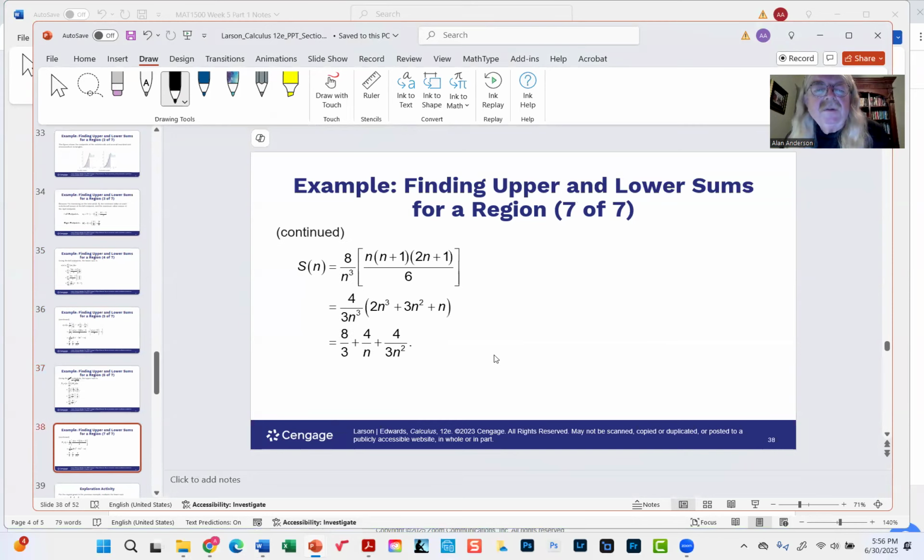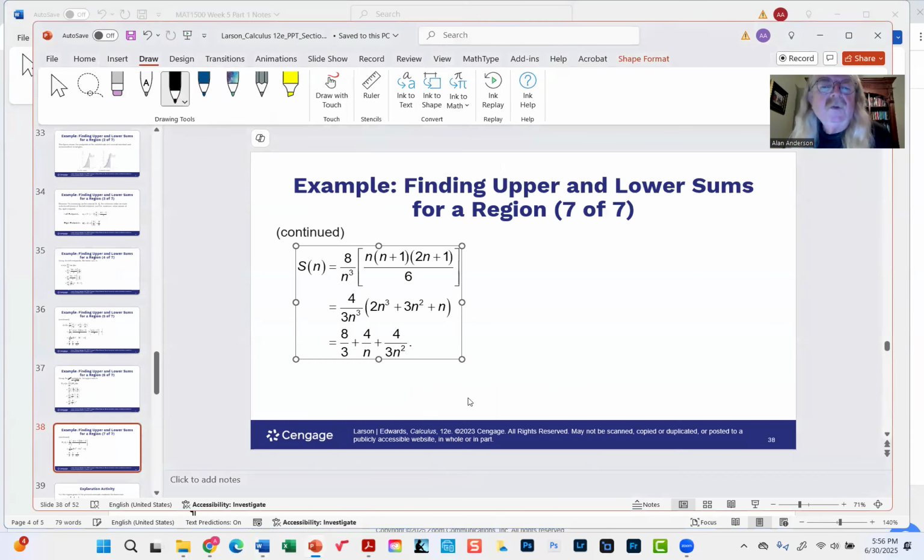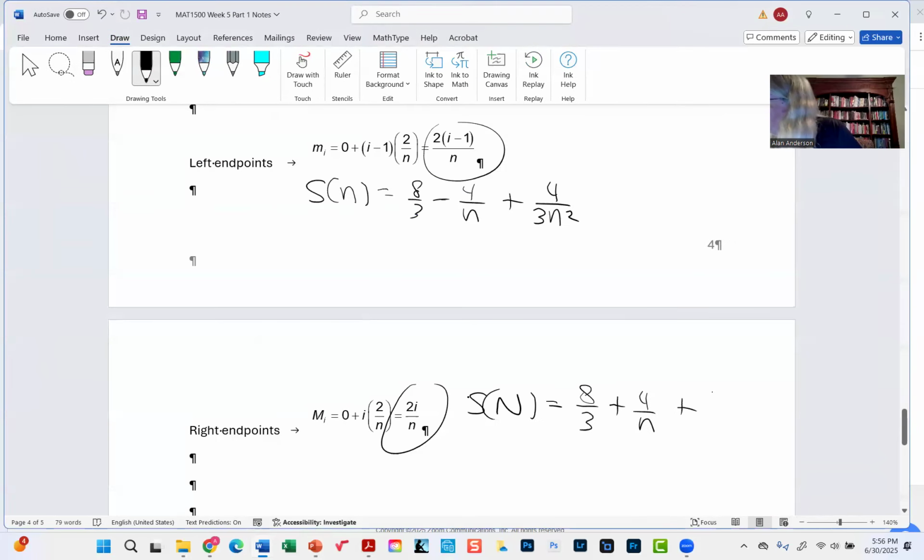We ultimately end up with 8/3 plus 4 over n plus 4 over 3n squared. So they're the same except for this part. Okay, and that's how you can see that the capital S n must be larger than lowercase s n.